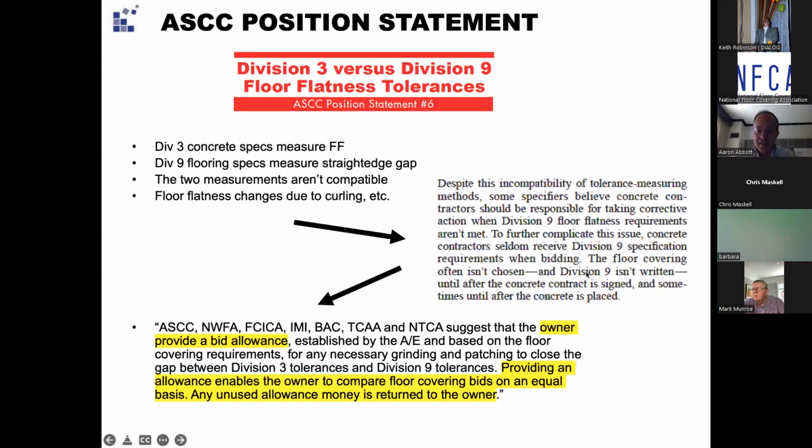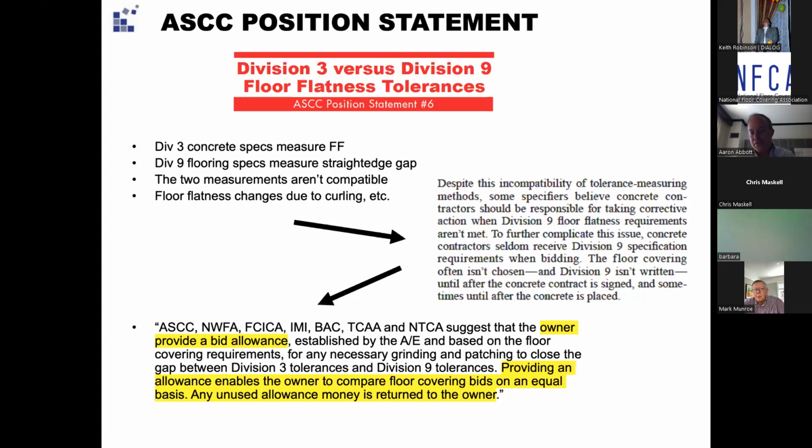And they say specifically that despite this incompatibility, some specifiers believe that the concrete contractors should be responsible for taking actions when the Division 9 floor flatness requirement can't be met.